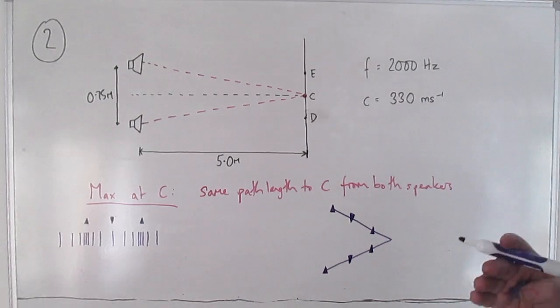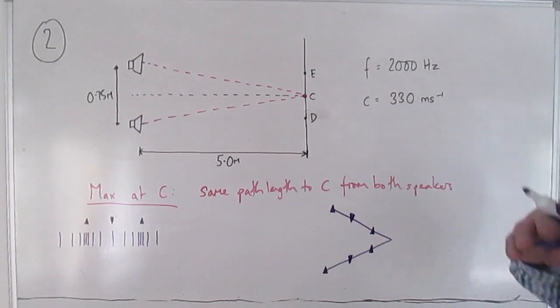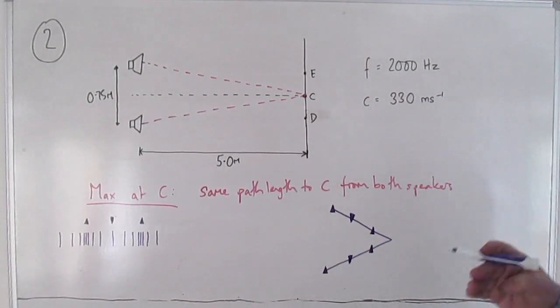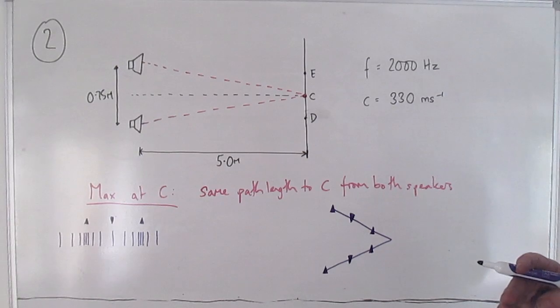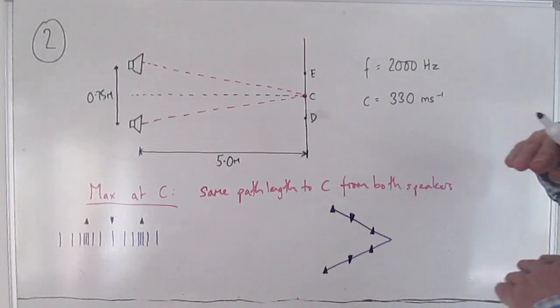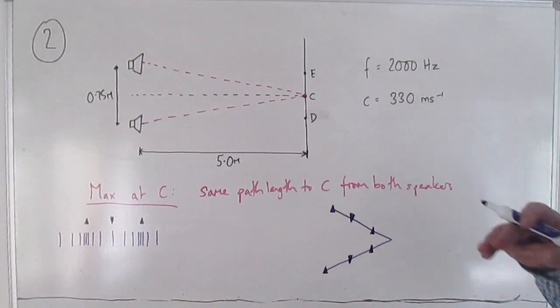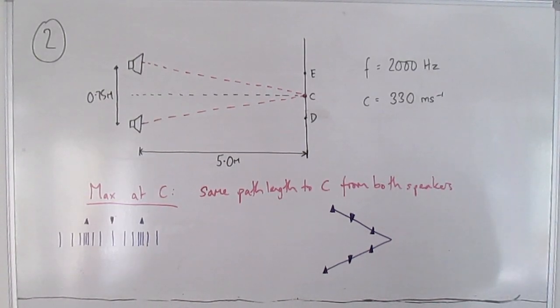Remember, when two waves meet, you always get superposition, which means the waves add up together, and if they're in phase, that produces constructive interference, which means that the displacement is increased because they add up together and give you a bigger displacement than you would have had from each wave individually.